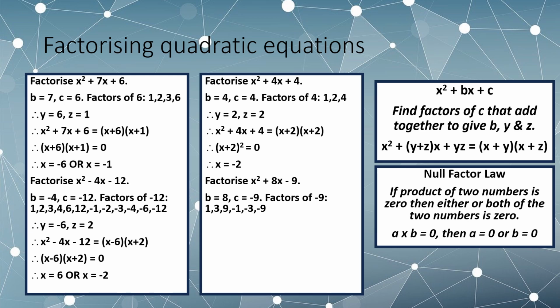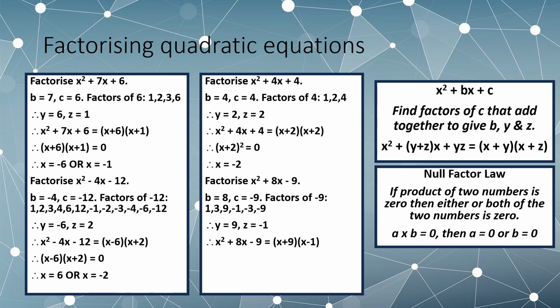To get 8 by itself, we'd be looking for a 1 and a 9, and because it's positive, we'll have y equals 9, positive 9, and z equals -1. Therefore, we have x squared plus 8x subtract 9 equals x plus 9 multiplied by x minus 1.